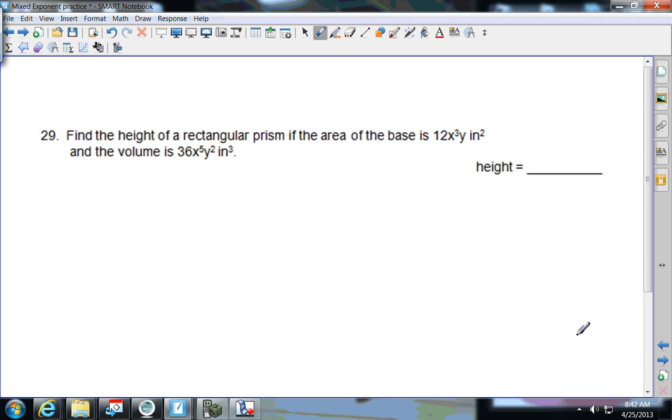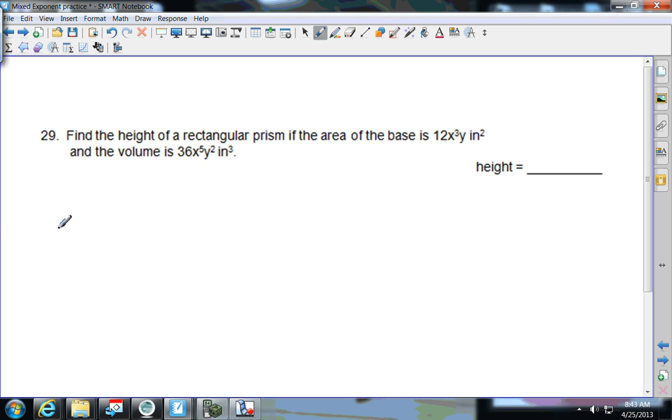Here's the next one. Try and figure out this one. This one says find the height. Find the height of a rectangular prism if the area of the base is 12 x to the third y and the volume is 36 x to the fifth y squared.